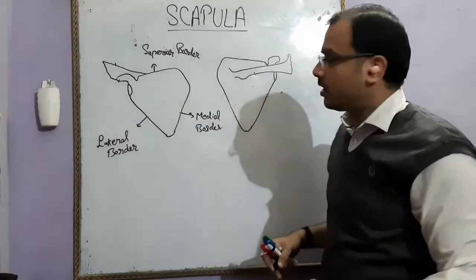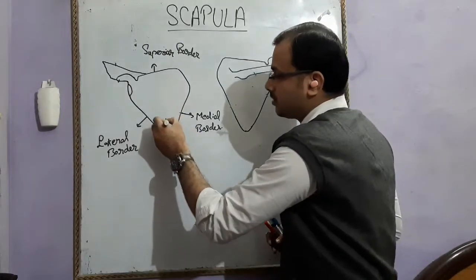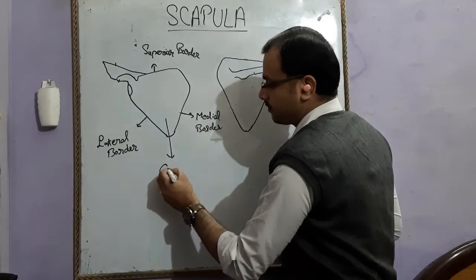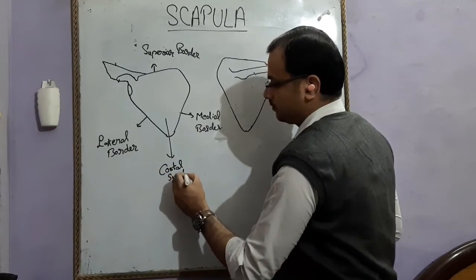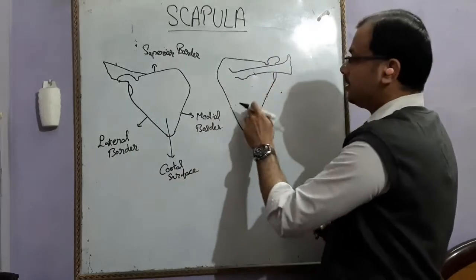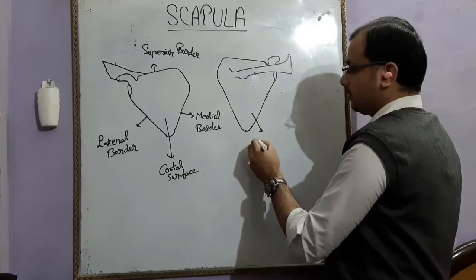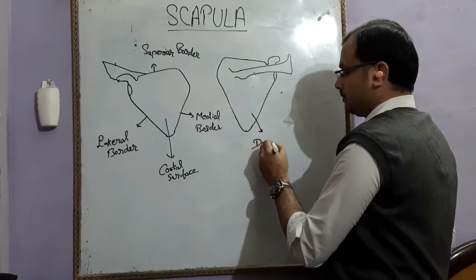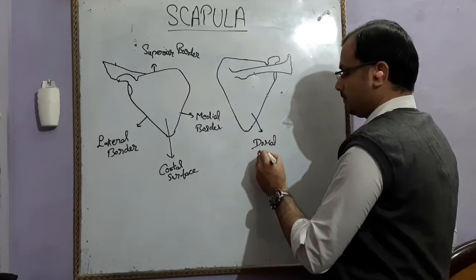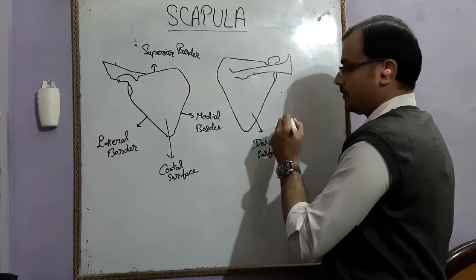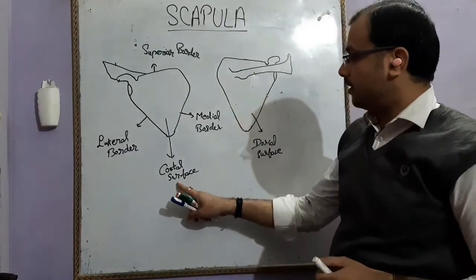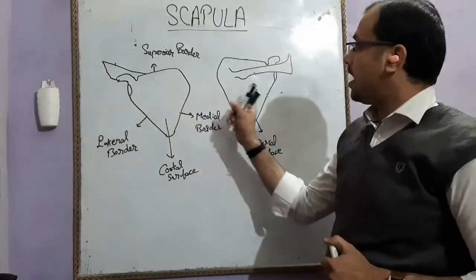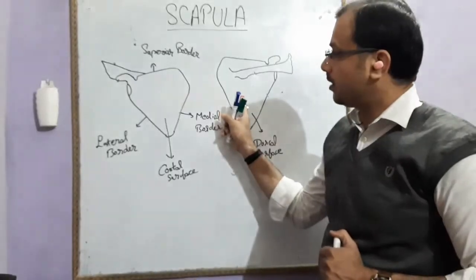It has two surfaces. This is the costal surface and this one is the dorsal surface. So the body of the scapula has two surfaces: costal surface and dorsal surface.